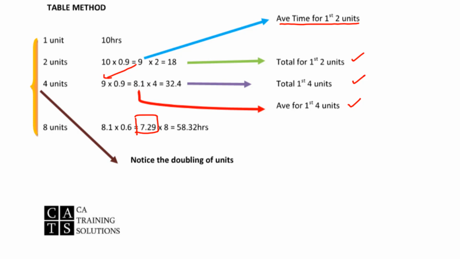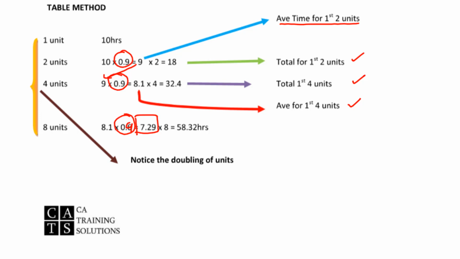Now, that way is nothing more than a summary of what we did in the table. Notice what I've done: we've taken 0.9 once, 0.9 twice, and 0.9 3 times, which gives you 0.9 times 0.9 times 0.9, which is 0.9 to the power of 3.